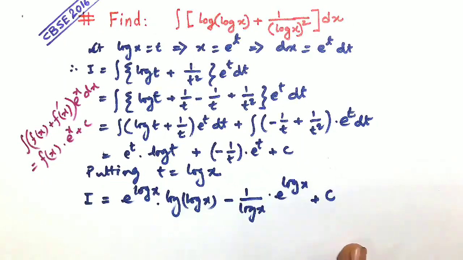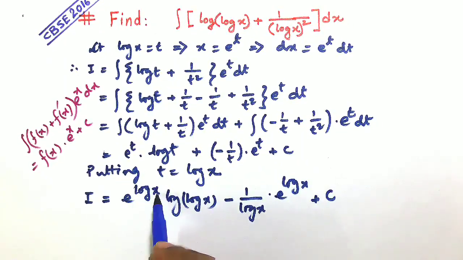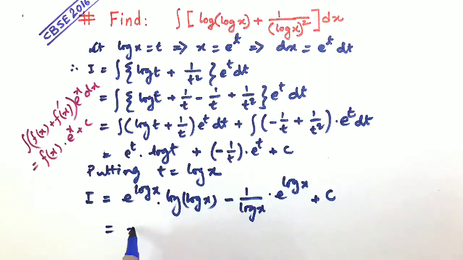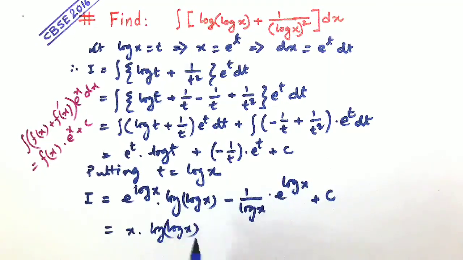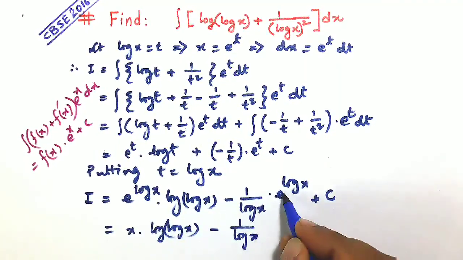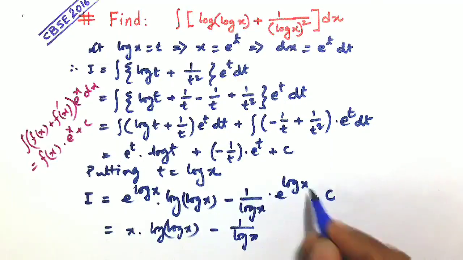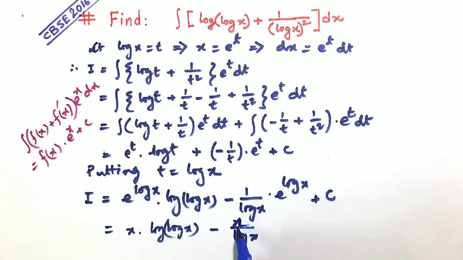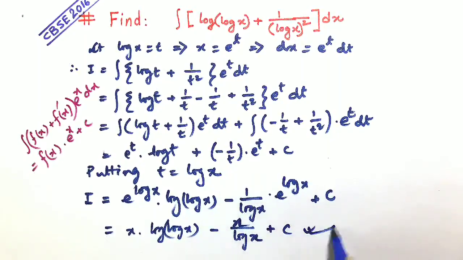So friends, you know e to the power log of x is equal to x. So we get x into log of log x minus x upon log of x plus c, hence the result.